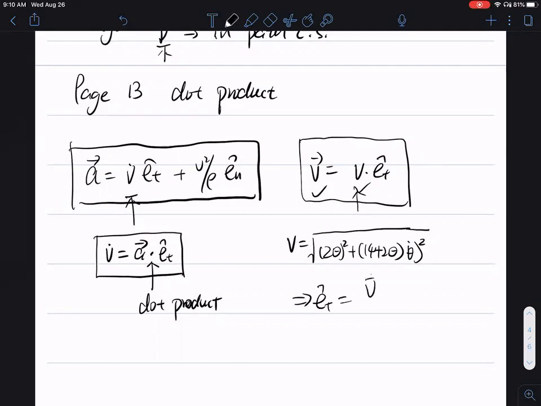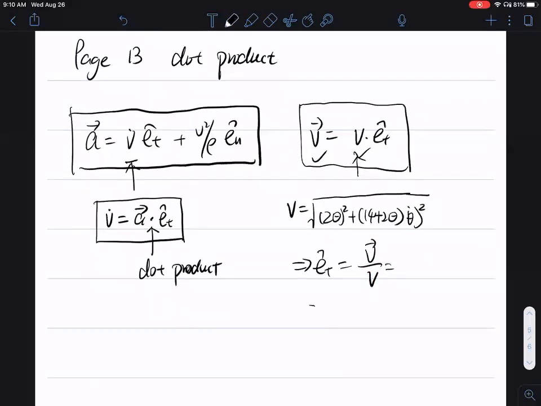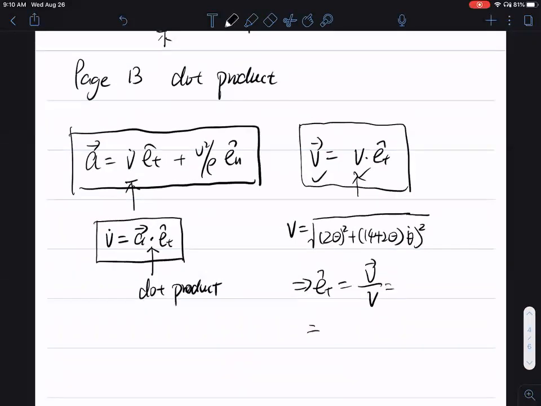It's just velocity V divided by this number V, which is speed. And since on the top we have a vector, on the bottom we have a scalar, what you need to do is just divide each component of that velocity vector by V. So here, that will give you ET.